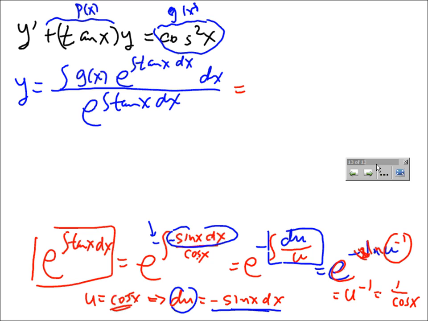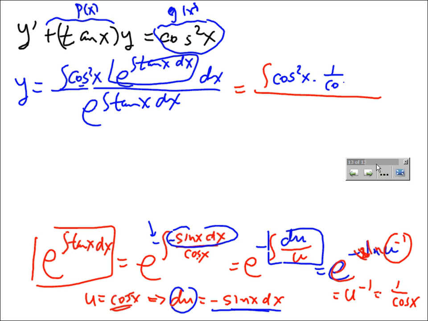Okay? So, a little typo, nothing big. Instead of g of x, I meant to say what it equals, and it equals cosine squared x. So we have cosine squared x times this piece, which is 1 over cosine x, over this piece, which we worked out is 1 over cosine x.